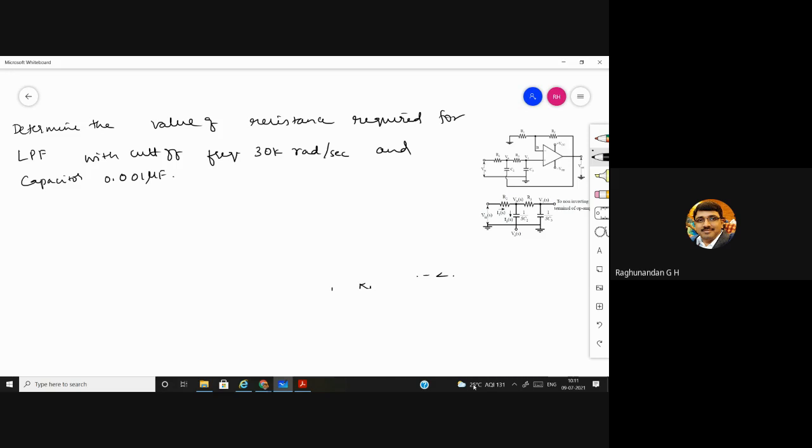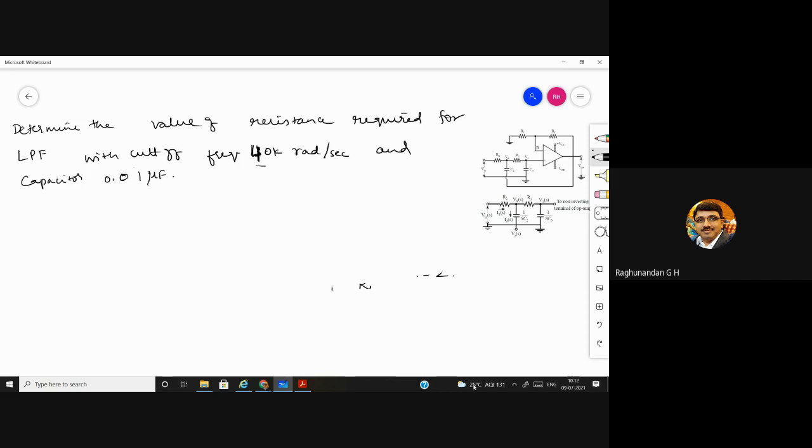Okay, I'll change the value. Take it as 40k and take it as 0.01 microfarad.